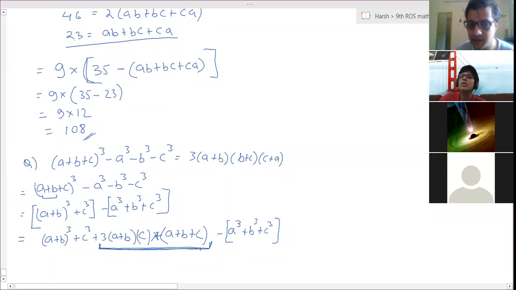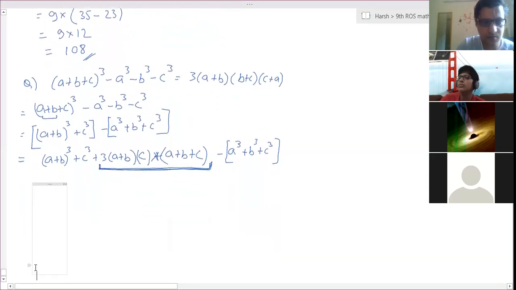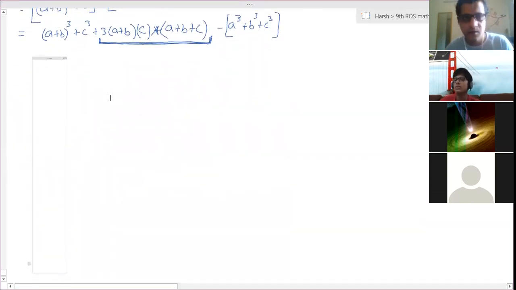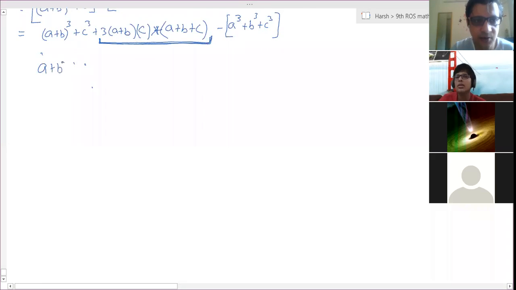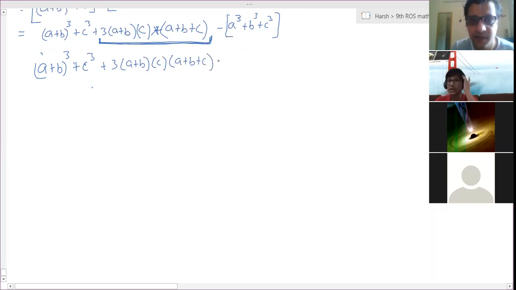Try to understand what I'm telling you. Okay, so if we add a new term, we have to subtract that. So we can do (a+b) whole cube plus c cube plus 3(a+b)c into (a+b+c), and then minus again.